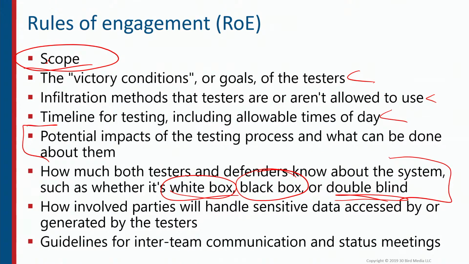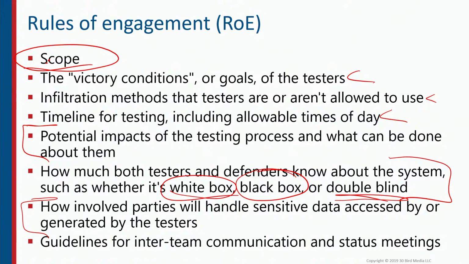Double blind, where the pen testers don't know about the network and the blue team doesn't know they're coming, or half blind, where you give the pen testers documentation but you don't let the blue team know they're coming, are all part of the various rules of engagement that we're looking at. And then what are we going to do with all of that juicy data that these folks are coming up with while they are doing the pen test, and what they might stumble onto?